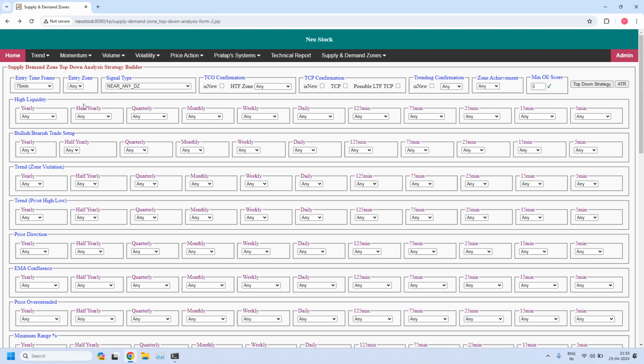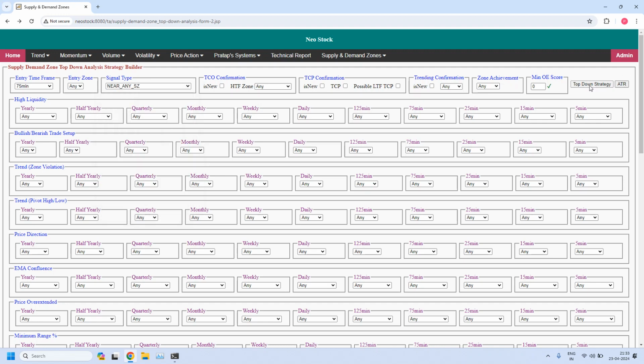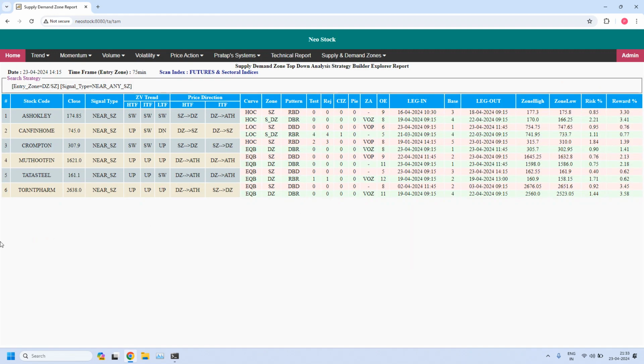So let me go back. For the 75 minutes time frame, let us find the stocks near the 75 minutes supply zone. So 6 stocks are filtered. We need to identify high liquidity supply zones from this list.